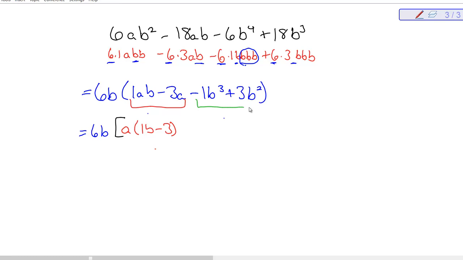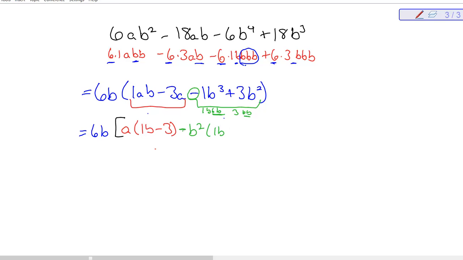Then I'm going to look here. Notice I have a negative sign, so I know that it's going to be negative, whatever I take out. And if I look here, that is a 1 and 3 b's, and this is a 3 and 2 b's. So actually I have 2 b's in common, so that's going to be b squared, leaving me with a 1b.